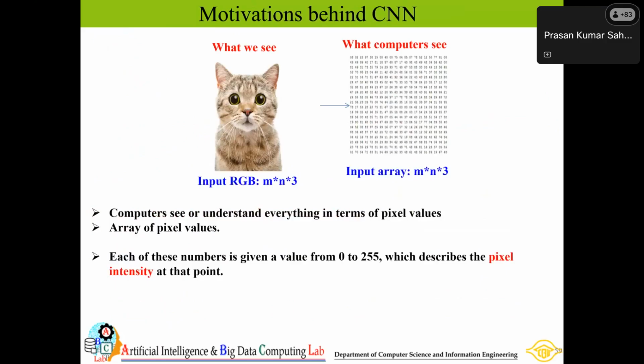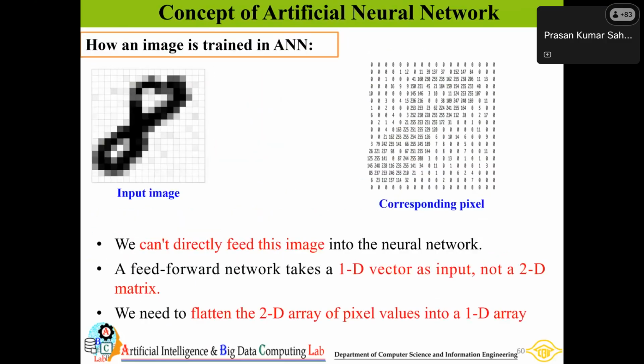If the image is an M cross N matrix with three channels, RGB, we can consider it M cross N cross 3. These values give the pixel intensity at that point, and we can use that pixel intensity to train the image in artificial intelligence.